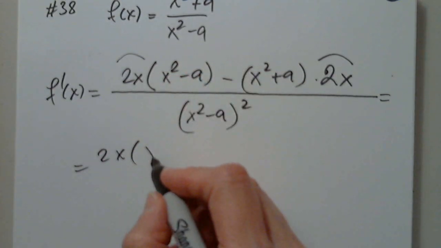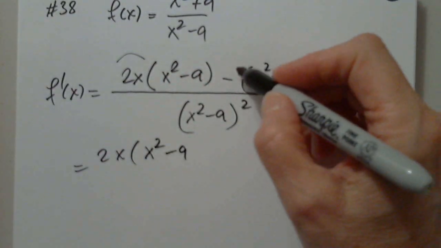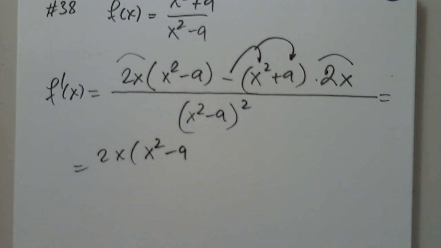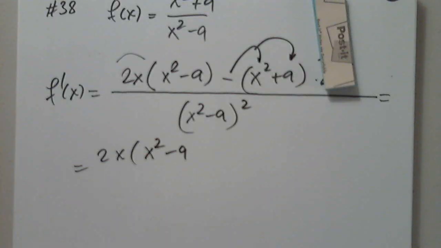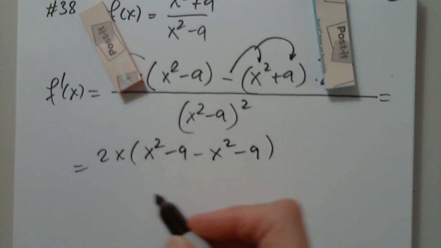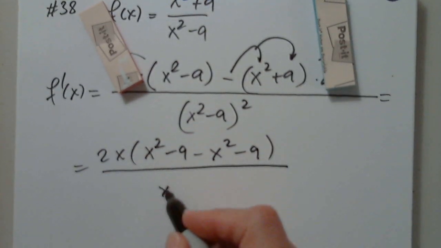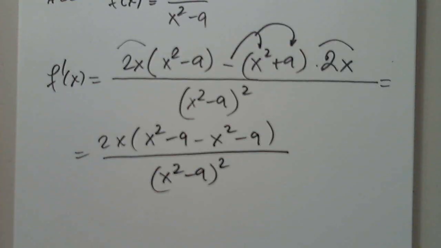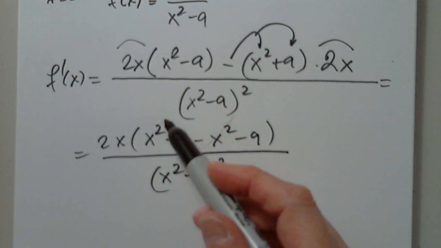And then I have x squared minus 9. But now I have to be careful because I have to distribute this minus sign to both terms inside, because 2x from here and 2x from here are gone. So minus x squared and then minus 9, everything over x squared minus 9 squared. So luckily, these two go away.